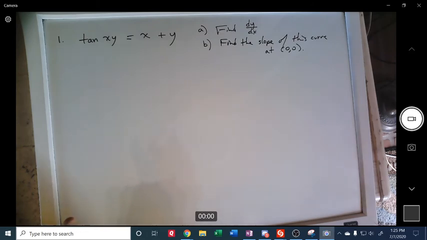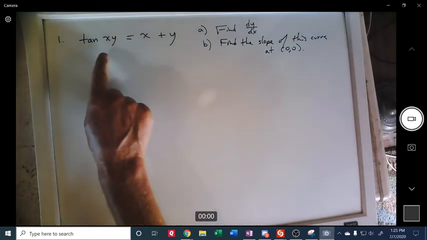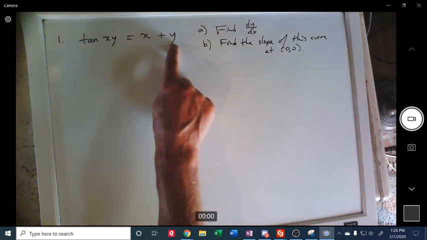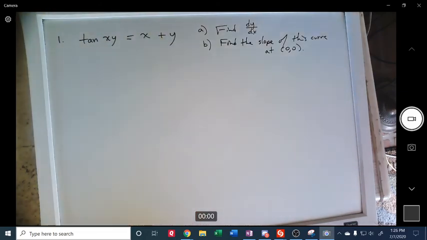That gets this one outside of a tangent, but puts this one inside of an inverse tangent, which is just as bad or probably worse. So there's no way to solve this thing for y. So the only way I'm going to be able to take this derivative is by using implicit differentiation.